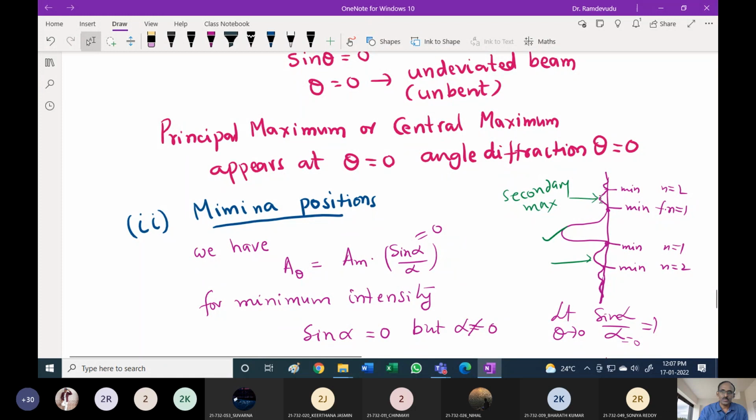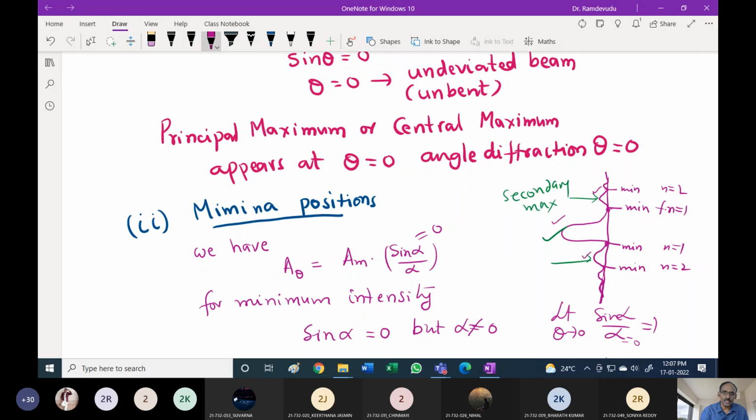The next maxima we call secondary maxima. This is the principal maxima, these are the minima, and these are the secondary maxima.